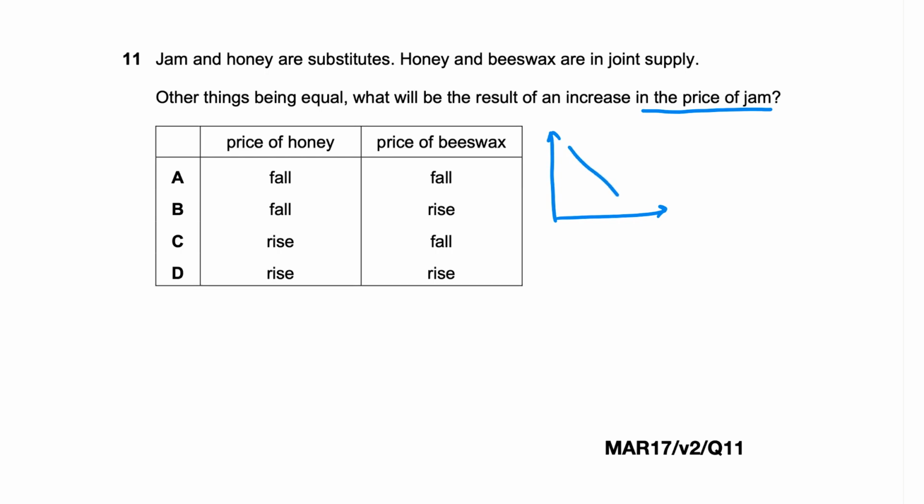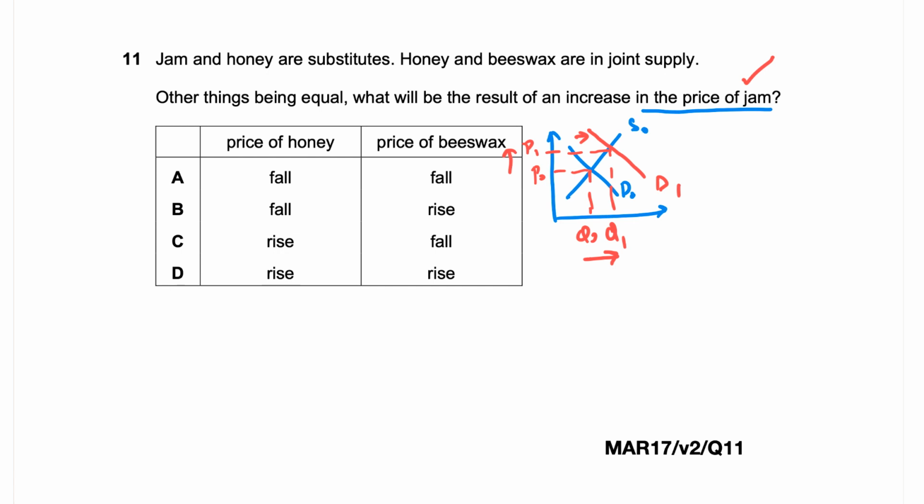Let's say this is my demand and supply of honey. If jam is becoming expensive, people will be demanding more honey, given honey is a substitute for jam, which means a rise in the price of honey, but more importantly, more honey will be produced or supplied.